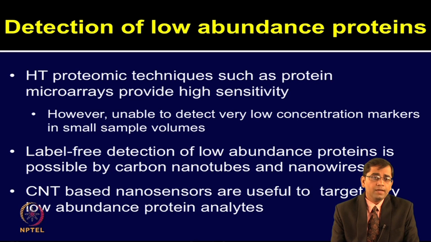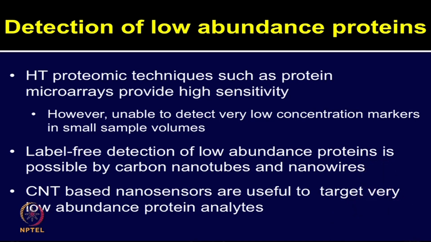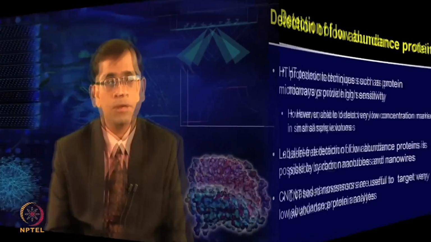Therefore, various label free detection techniques are aiming towards detection of the low abundance proteins by using carbon nanotubes and nanowires. These studies have shown the potential of using nanotechniques for such applications where low abundance proteins can be detected with high sensitivity, and this is one of the major advantages of using these platforms.